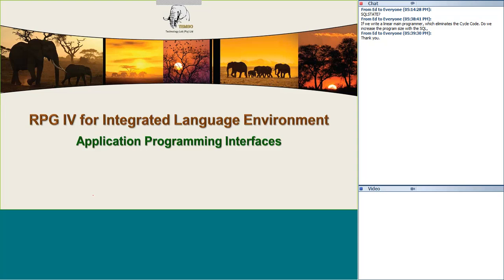Particularly CL commands that begin RTV, retrieve. They are all covered by APIs. Let's move on and have a look at some of the details. And that is the APIs and the thousands of APIs that are available now.